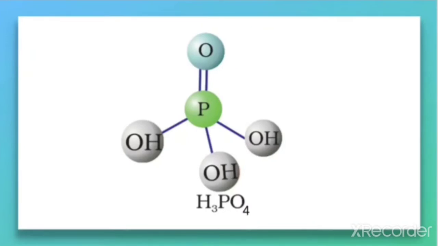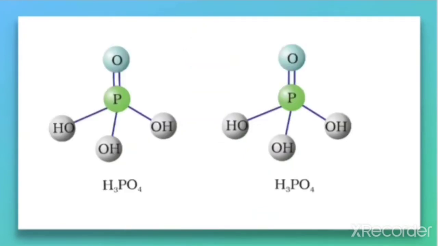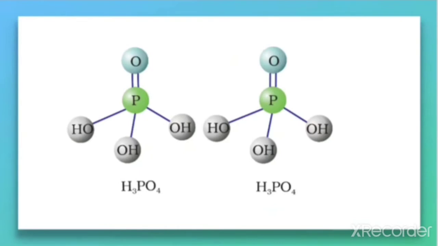Once you have learned the structure of H3PO4, which we have learned here, you need to make one more structure here. Make two structures of H3PO4 in this way, a little bit closer so that it will be very easy to frame the other structure. Now here, at the center, you can find two OHs.